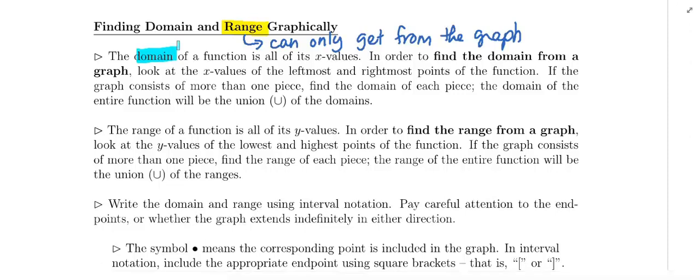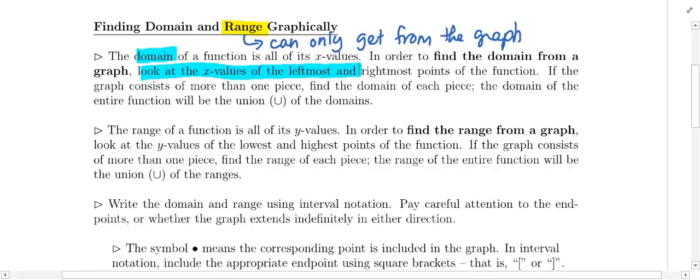In order to find the domain from a graph, look at the x values of the leftmost and rightmost points of the function. That's the key here. If the graph consists of more than one piece, that means there's a gap. You're going to find the domain of each piece, and then the domain of the entire function will be the union of the domains.